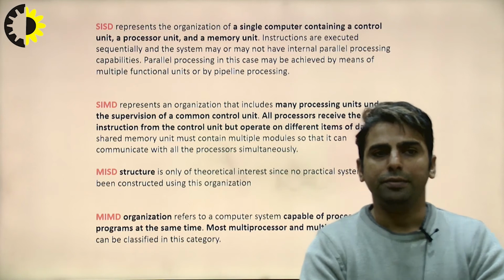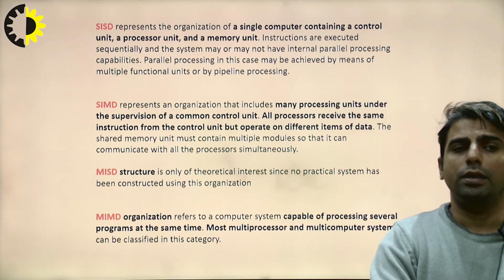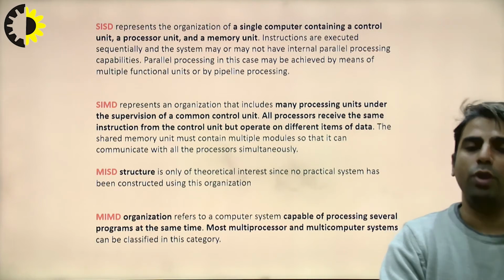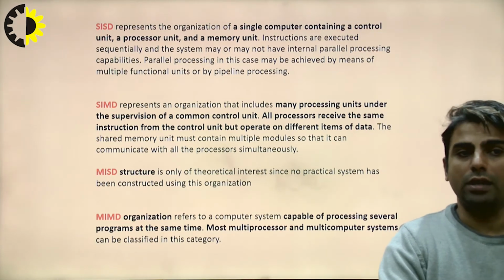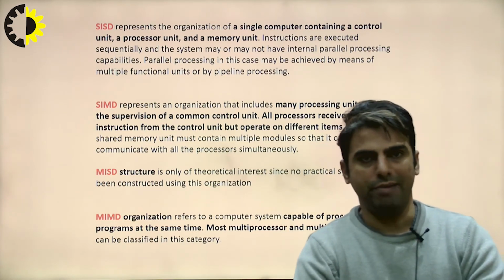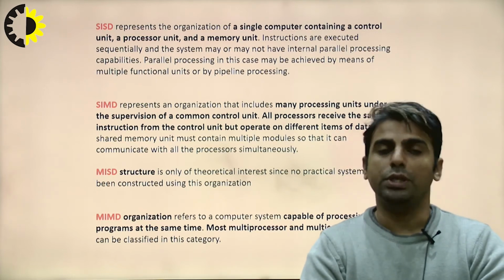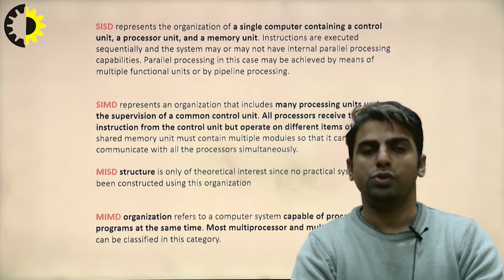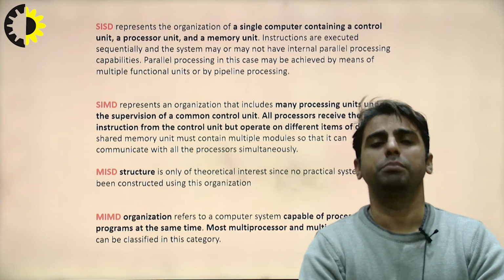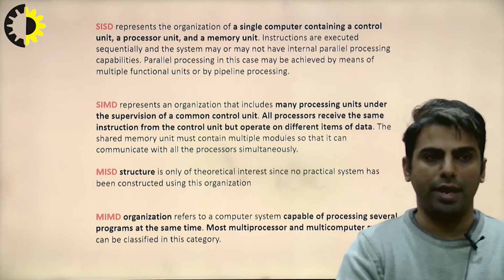And here we have multiple processing units, multiple processors, working on multiple tasks. Okay, so that comes under this category MIMD. So multiple programs are being executed at the same time through multiple processors. So multiple processors and multiple tasks come under this important category, that is MIMD.